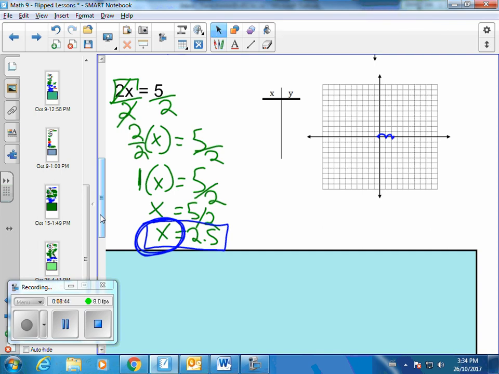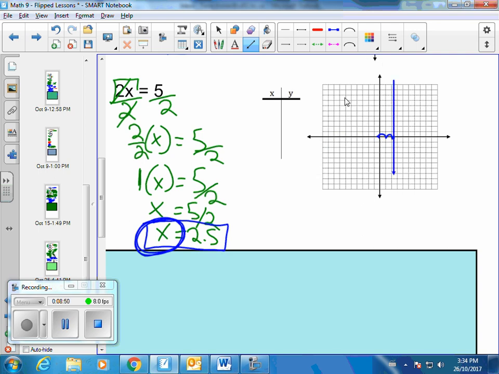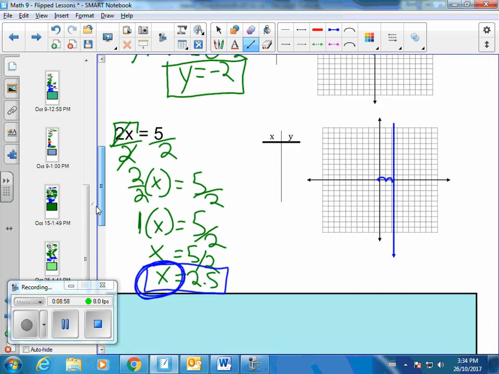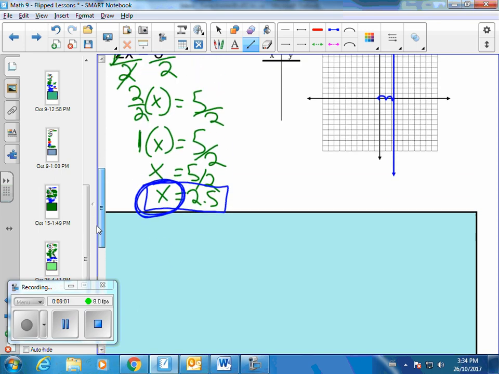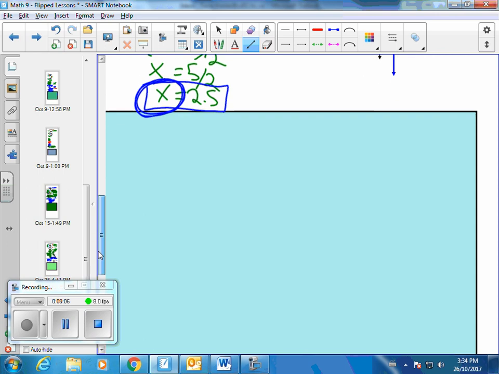I'm going to take my straight line, let's make it blue to keep it easy, and draw my straight line right through 2.5. So that is what we do. That's a little bit of a primer on how we manipulate equations, as well as what we do whenever we have an x equals or y equals number statement.